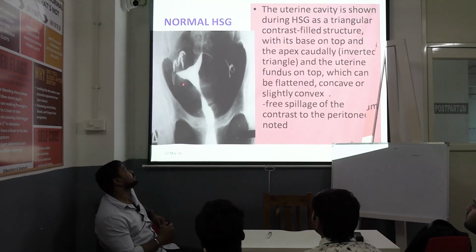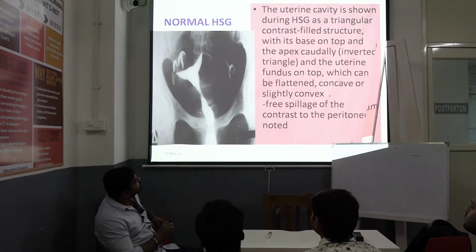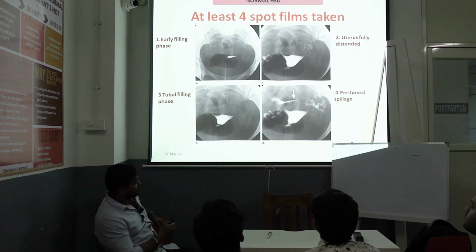What you should know is there is an inverted triangle with base above and tip below. This is the normal anatomy of the uterus, and there is bilateral spillage, got it?